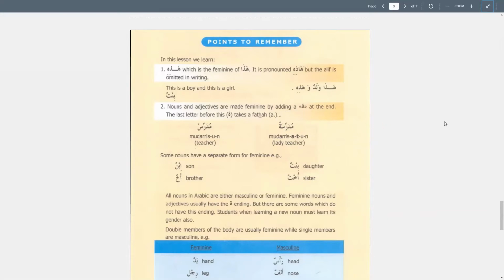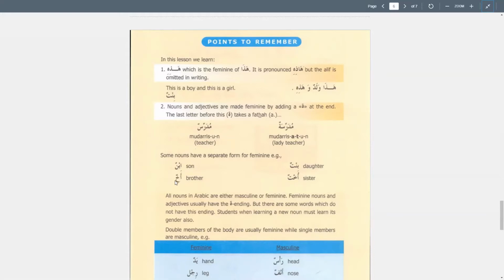Then we also have some nouns that have a separate form for the feminine. For instance, for ibn, son, we have bint, daughter. You can also use ibna. But bint is a feminine word, does not end in tamar buta, but it's feminine because it means a female, a girl or a daughter.